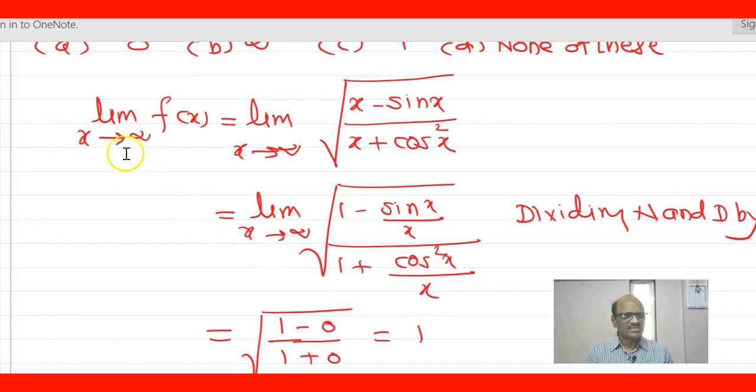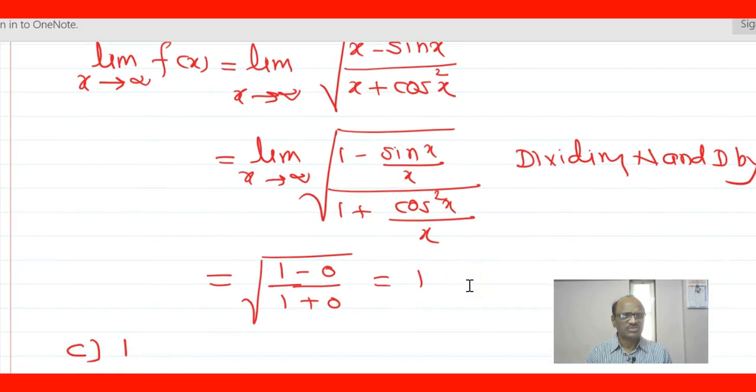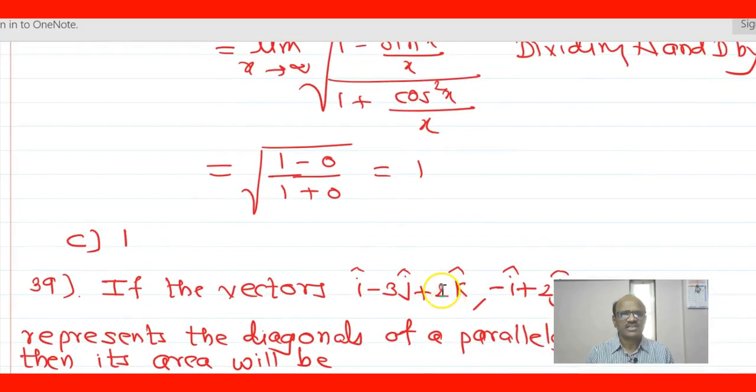Now as x tends to infinity, 1 upon x tends to 0, therefore sin x upon x becomes 0, and the same thing is there, cos² x upon x also becomes 0. Therefore, √(1 − 0)/(1 + 0) is equal to 1, therefore the C option is correct.